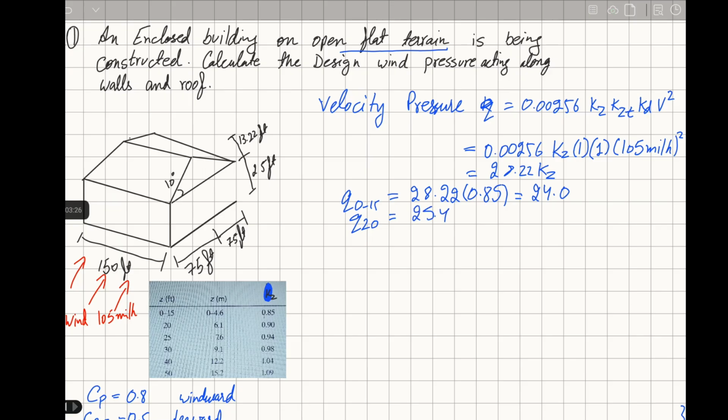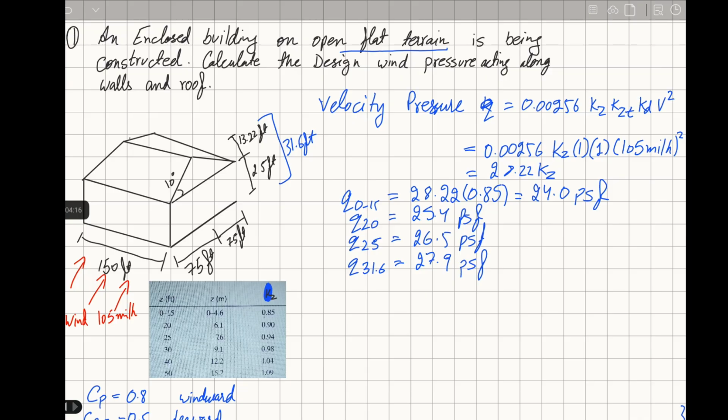Sorry, I'm not writing the whole equation again because it's just repetitive and you can do it yourself. And for 25 feet, we're going to get 26.5. And for the whole height, which is 31.6 feet, we're going to get 27.9 pounds per square foot.